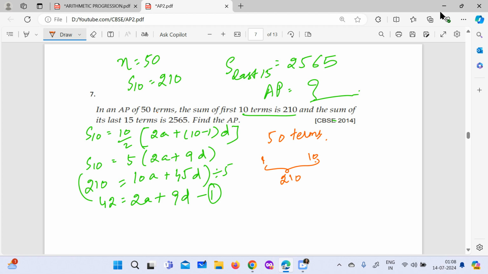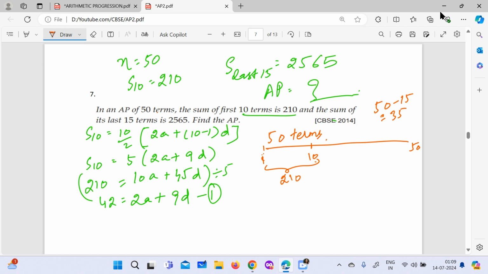So what are the last 15 terms? Suppose this is 1, this is 50. So first 10 terms will be here 1 to 10. So last 15 terms will start after 50 minus 15, that gives you 35.